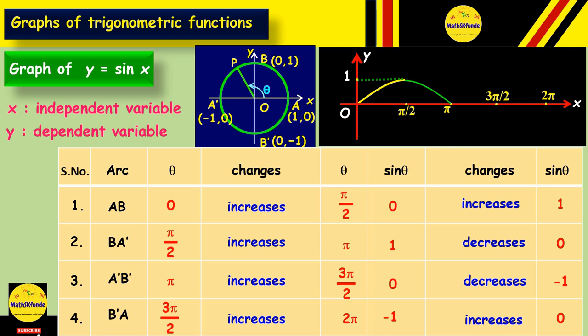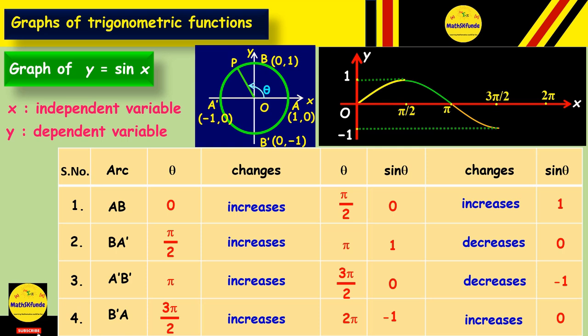Now when you are on A dash B dash, your theta increases from pi to 3 pi by 2, and your y coordinate on the unit circle changes from 0 to -1, meaning it decreases from 0 to -1. So those are the values of sine theta. On this particular graph, they would be shown vertically, and the graph comes down up to the level -1.